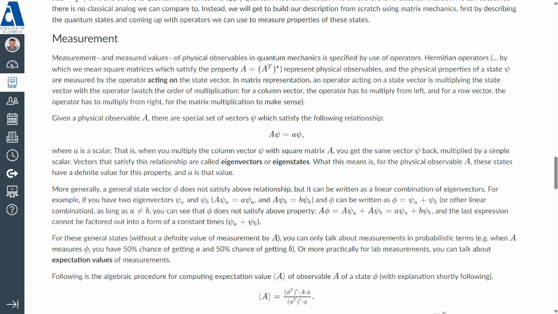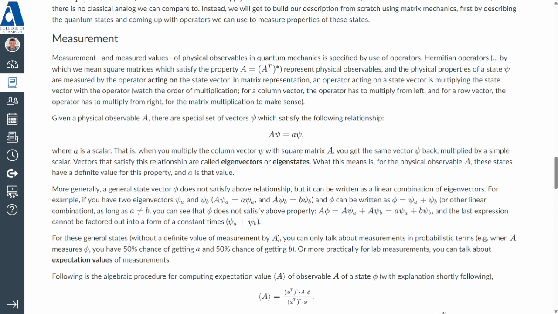Given a physical observable A, there is a special set of vectors psi which satisfy the following relationship. The operator A multiplied to psi is equal to lowercase a multiplied to psi, where lowercase a is a scalar.